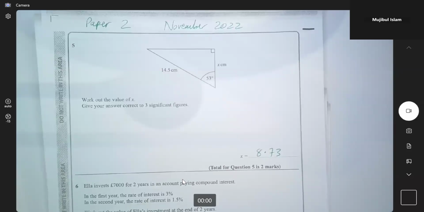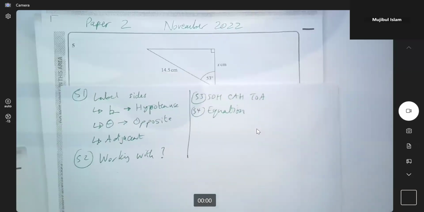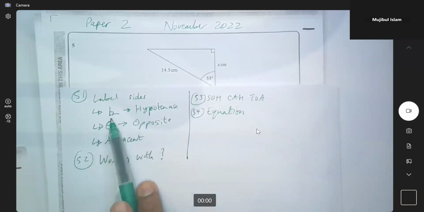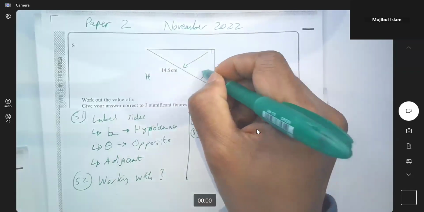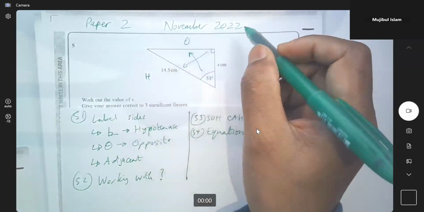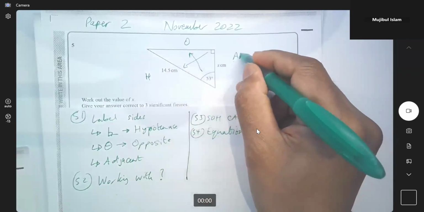Okay, let's go through this one. All right, so step one, like before, is on the screen. Is it the camera? Okay, so it's good you mentioned it. All right, so step one, label the sides, starting with my right angle. Hypotenuse, my angle opposite the angle is opposite side. This one is adjacent.